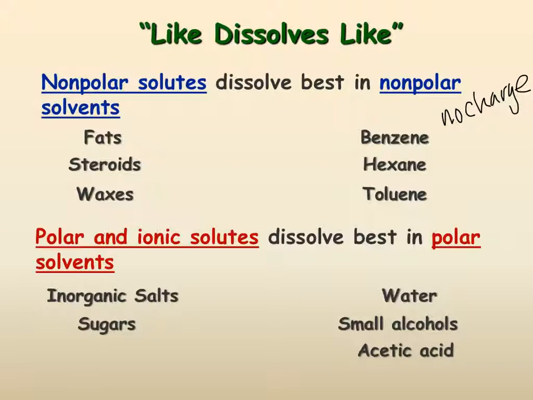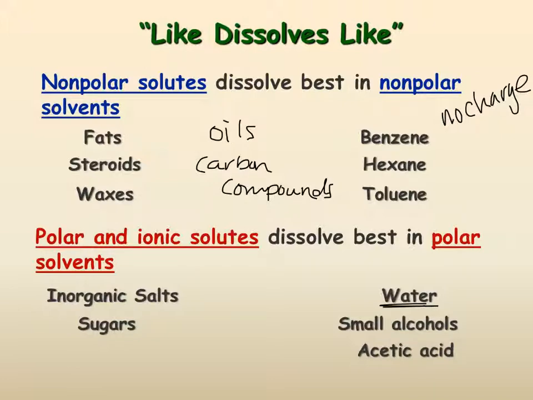All of these examples, you don't need to know them specifically, but I would know that they're oils, carbon compounds, things like that, fats. Whereas polar and ionic solutes are going to dissolve best in polar solvents, water being the main one.